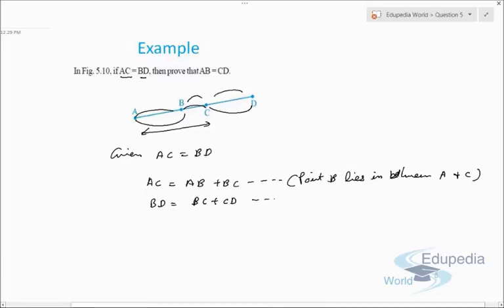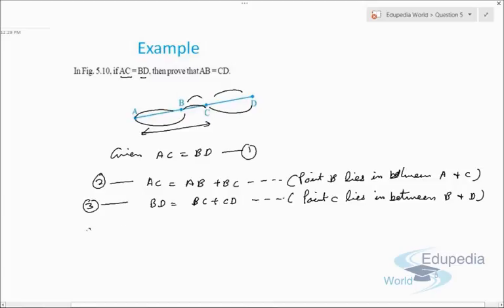Why? Because C is a point that lies in between B and D. So we can mark this equation as 1, this equation as 2, and this equation as 3.